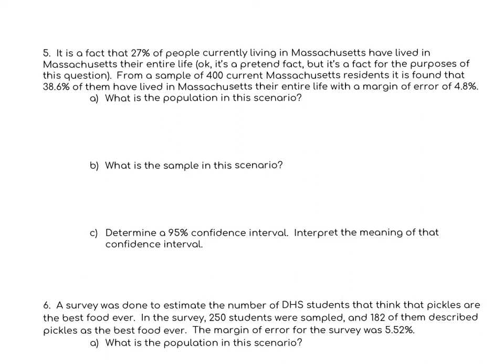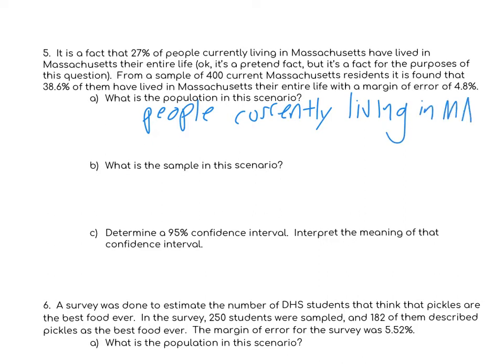So the population is people currently living in Massachusetts. Then we're asking what the sample is. That's going to be 400 current residents, the people that we're actually having do the survey.